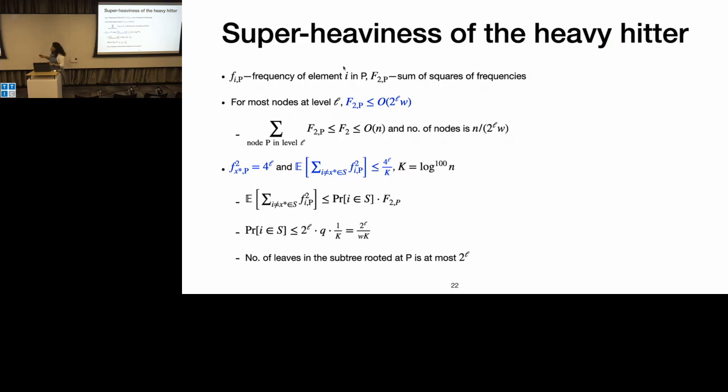Now, to prove that, just notice that, let's say I take a node at level L. How many children can it have? It can have 2 to the L many children.